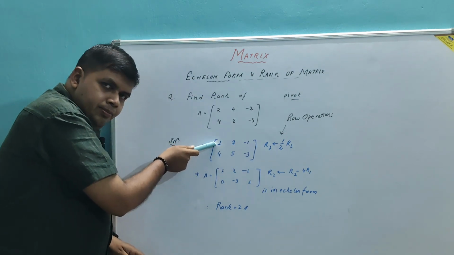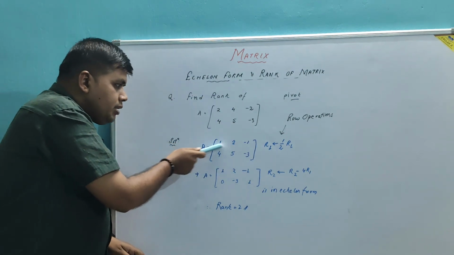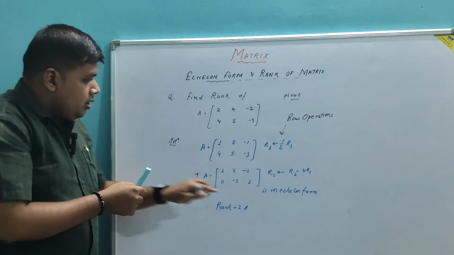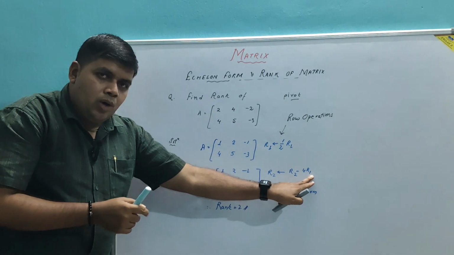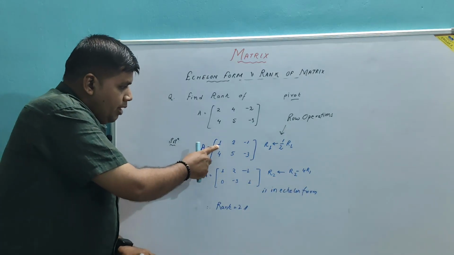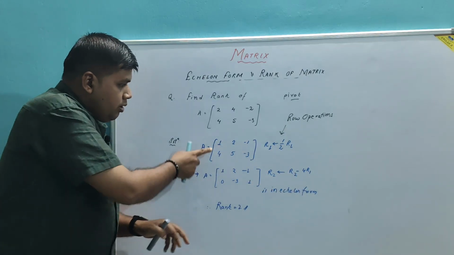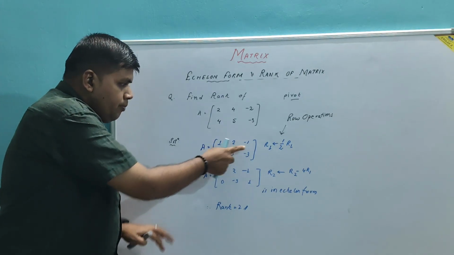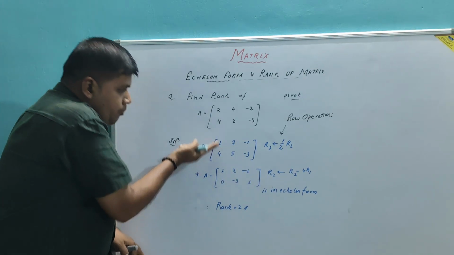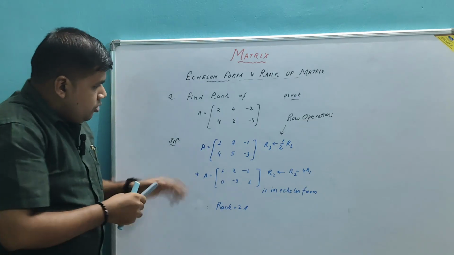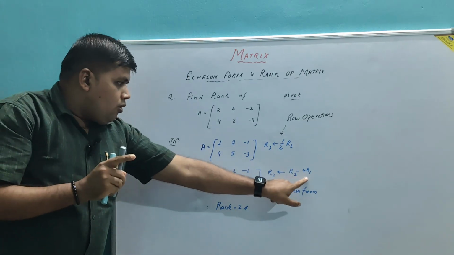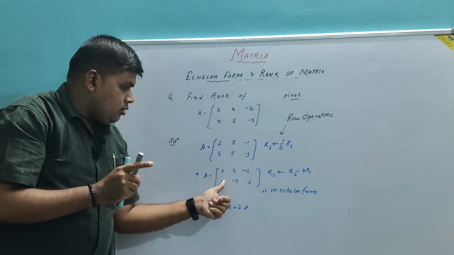Since the pivot is 1, we multiply row 1 by 4 and subtract it from row 2. So 4 minus 4 into 1 is 0.